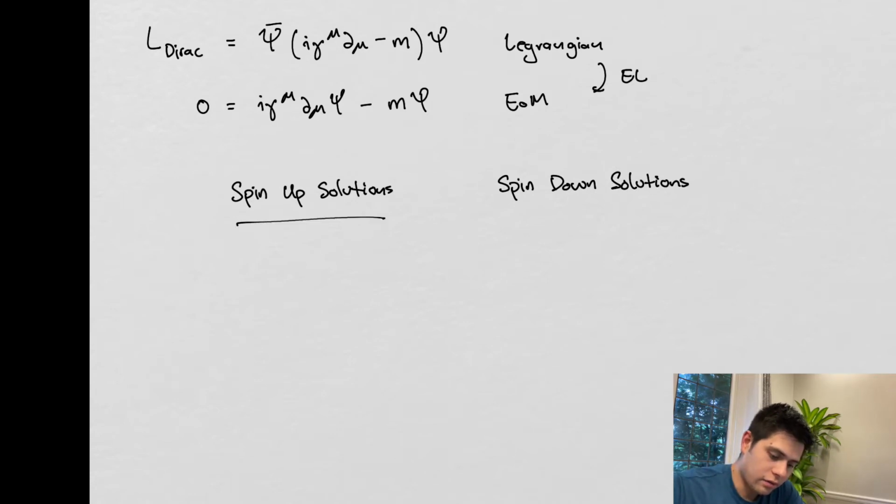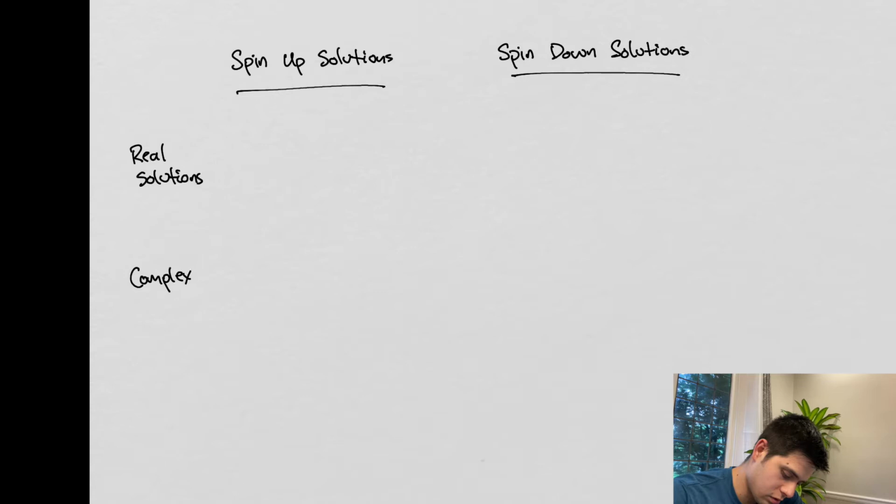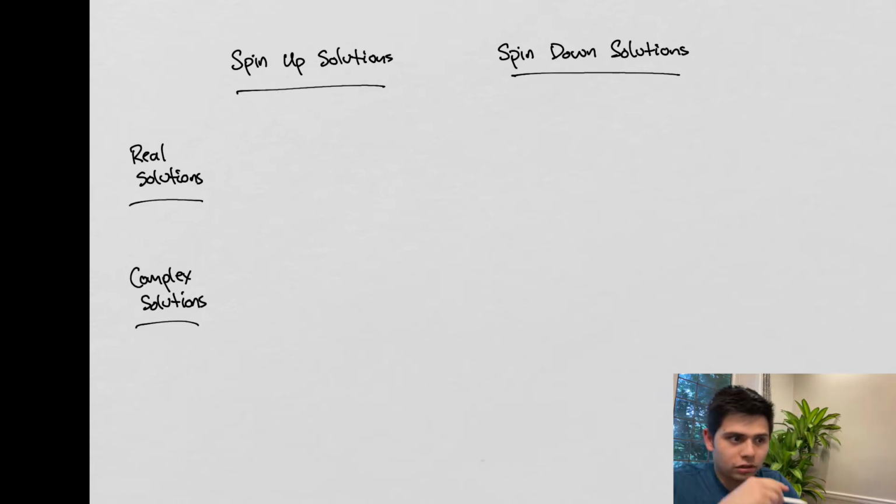Out of the spin-up solutions and spin-down solutions, we're going to have real solutions and complex solutions. Okay, so what do these look like?